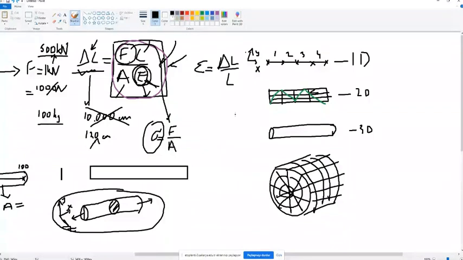Our first idea, we need to create rectangular meshes. If it is in 2D, rectangle; if it is in 3D, we're going to say hexahedral elements. This is a hexahedral element.